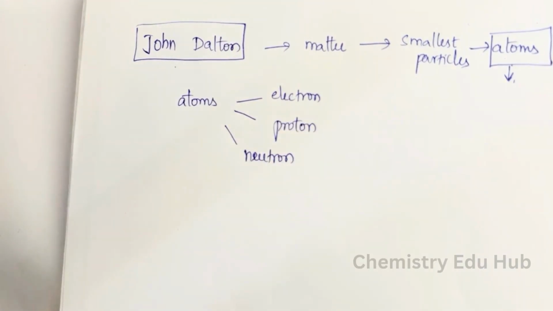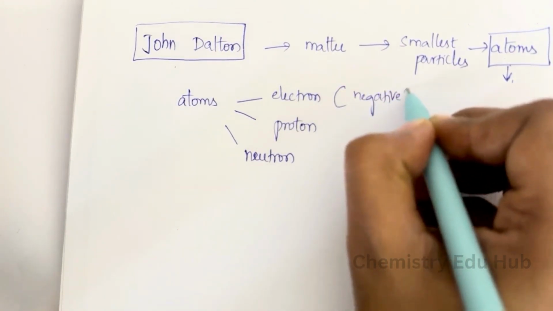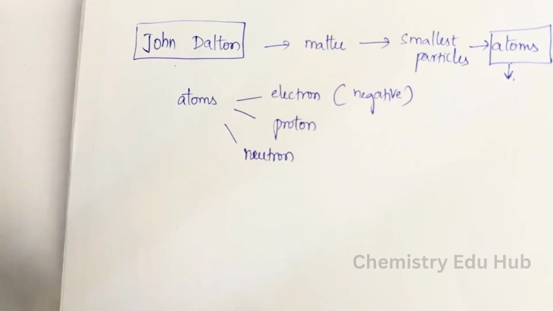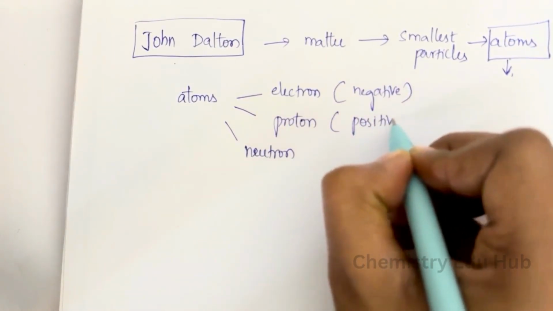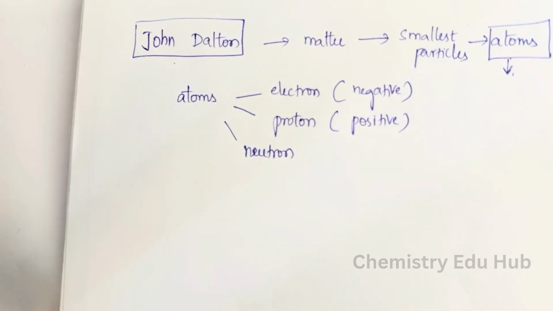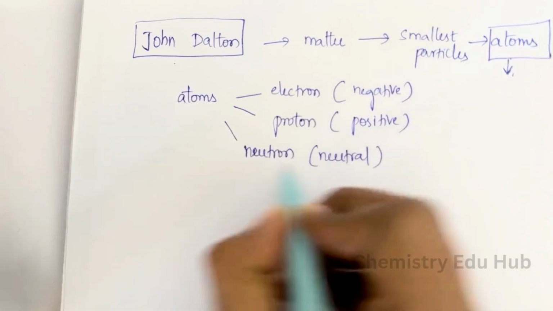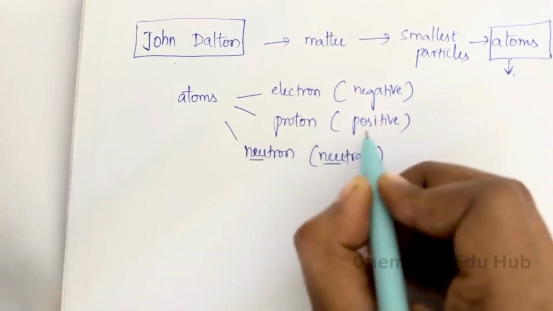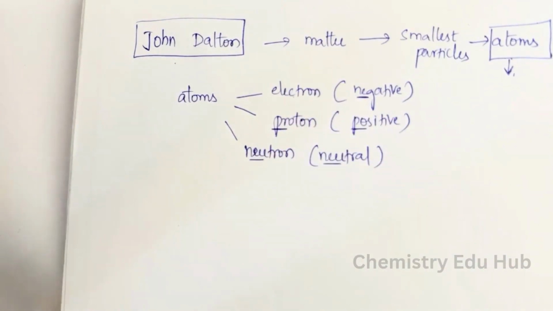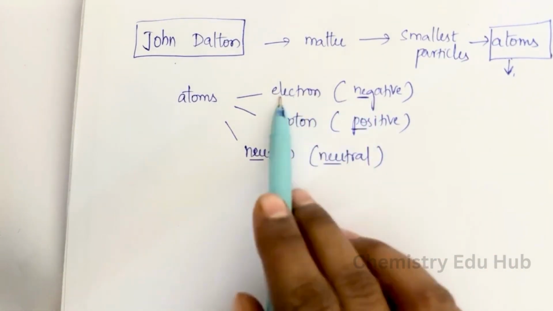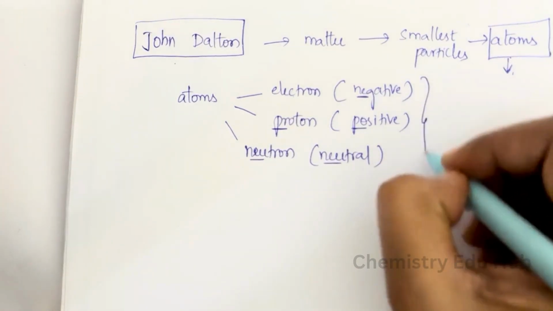Electrons are negatively charged particles with unit negative charge, protons have unit positive charge, and neutrons are neutral. So you can see neutral, neutron; positive, proton; negative, electron. Earlier the term was negatrons, later it was modified to electrons. These are the three fundamental particles.